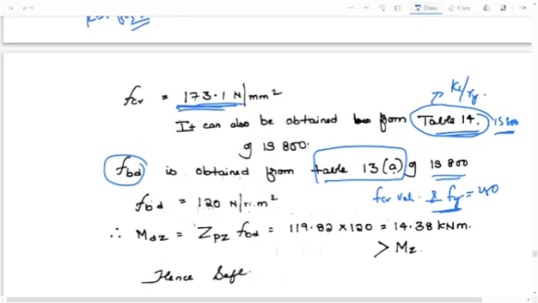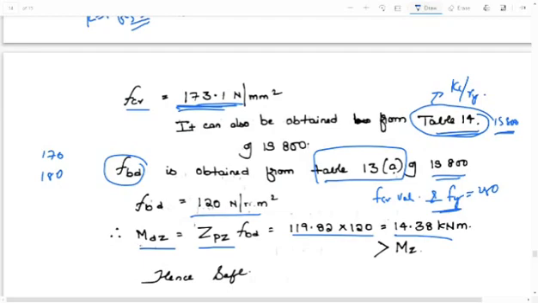Based on those two values, you can find the value of FBD from table 13A, and I found that the value is 120 Newton per mm square. See, in the table, you may have values for something like 170 and 180, and if you want to find FBD for 173, you simply need to interpolate. So MdZ is equal to ZpZ into FBD, and on substituting the respective values, 14.38 kilonewton meter is the MdZ value.